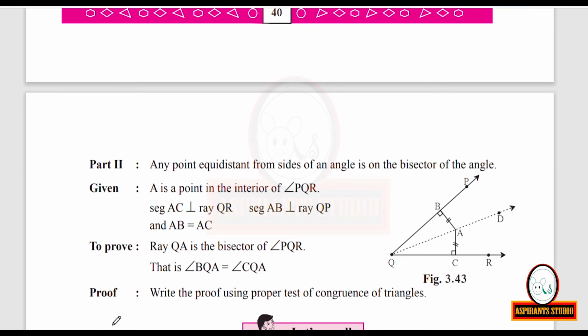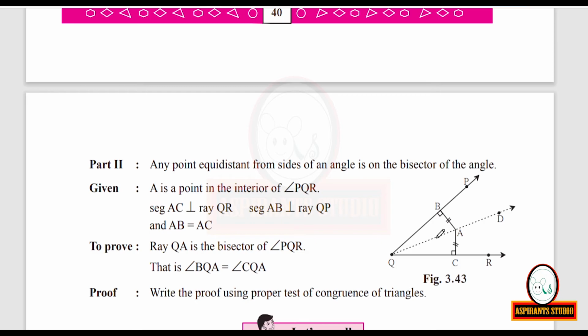So coming to the proof, in triangle ABQ and triangle ACQ, you have two triangles. In triangle ABQ and triangle ACQ, measure of angle ABQ is equal to measure of angle ACQ is equal to 90 degrees.